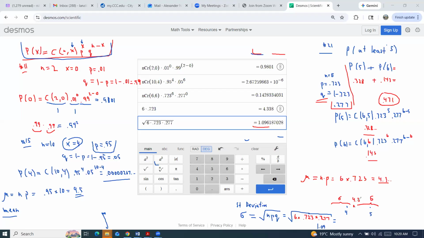So adding 1.09, that will be approximately 5.4, and if I subtract 1.09, that'd be approximately 3.2.